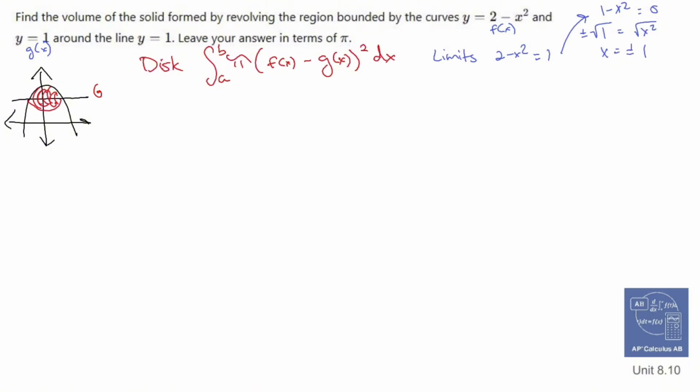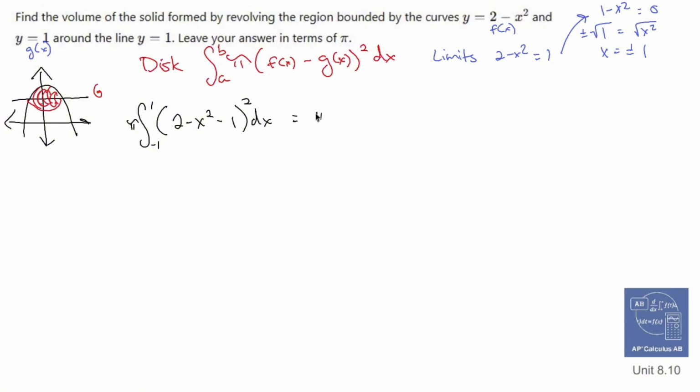Okay, so let's set this god-awful mess up. All right, we have the integral from negative 1 to 1. Let's move the pi out front because I can. That is going to be f of x, 2 minus x squared, minus g of x, 1, dx. Okay, don't forget the squared.